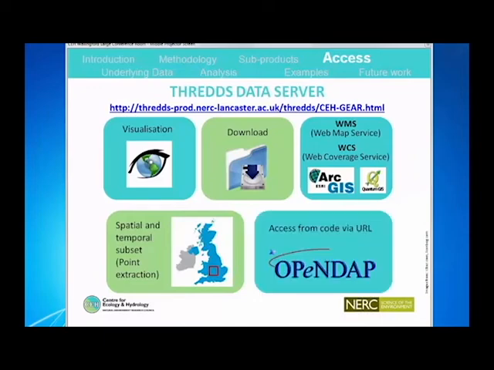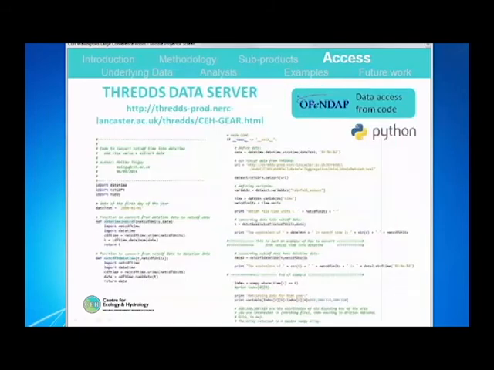Or what I personally find most useful is you can use OpenDAP to actually access the data directly from your Python or R code or whatever you use to program. I'm not expecting you to read this. This is just code I've written that I'll make available together with the slides that will be uploaded on the internet.